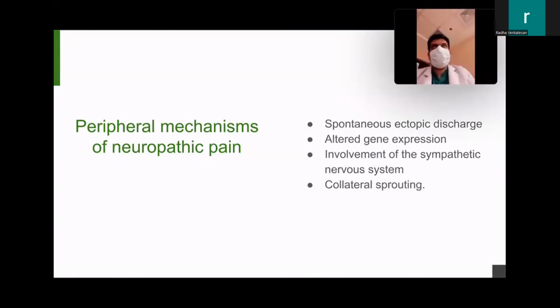Next is altered gene expression. In that, Wallerian degeneration is said to happen, and it causes a change in the type and level of neurotransmitters released. So there could be an upregulation or downregulation happening because of that. So that is another entity.